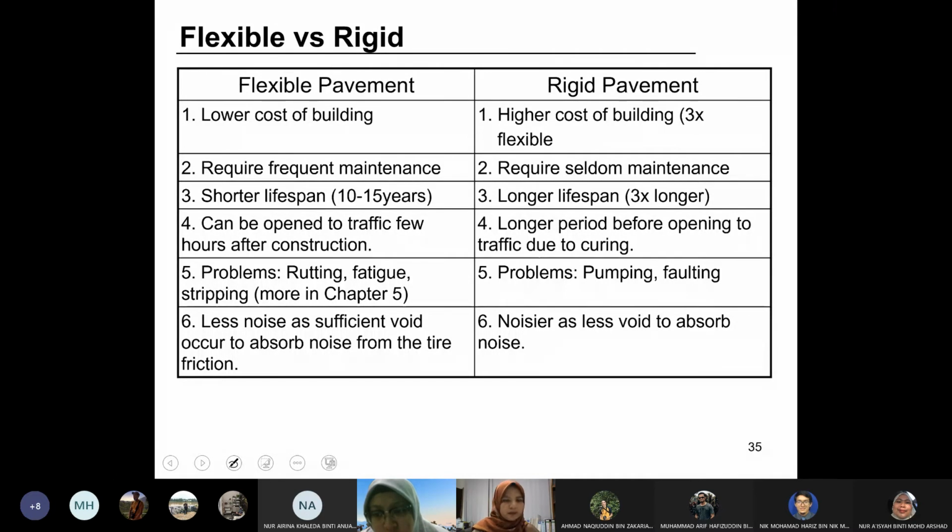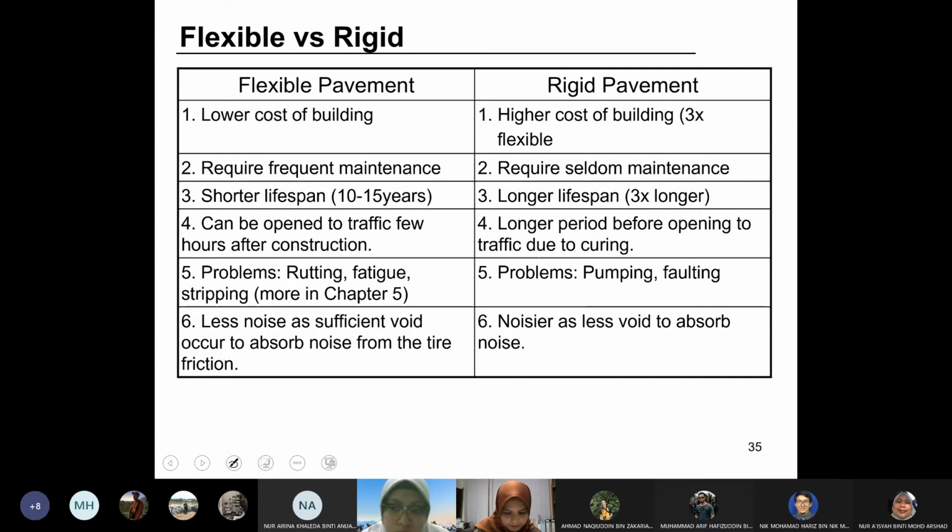Datang lagi pula 2 bulan lagi, buat lagi jalan ni kan. Dia hanya easily dia boleh top up on top. Dia buang sikit je the layer, then you lay again, right? So this is what we call as the advantage of flexible, can easily be upgraded. Tapi rigid tak semudah tu. Susah lah, sebab you nak kena buang gitu lebar semua tu kan. You consume so much work kan.